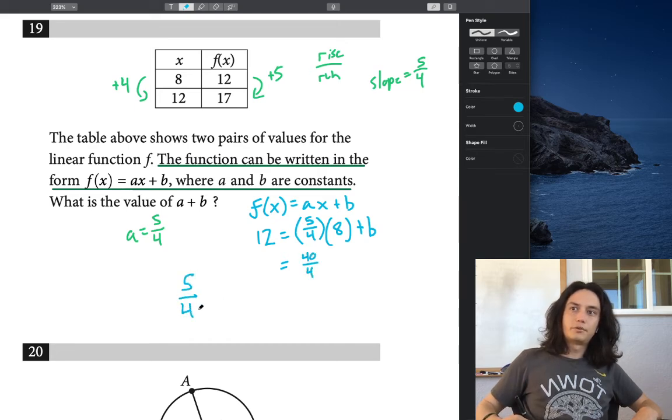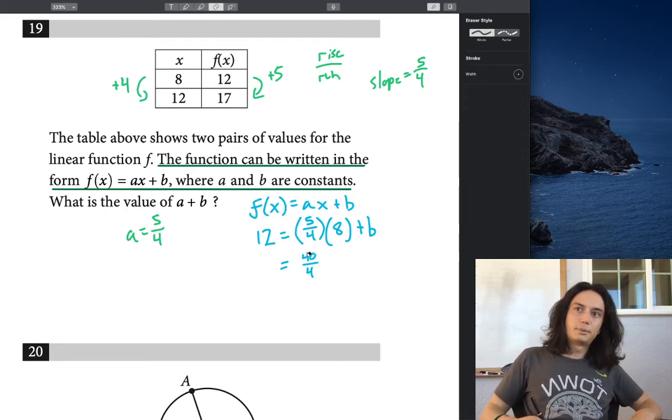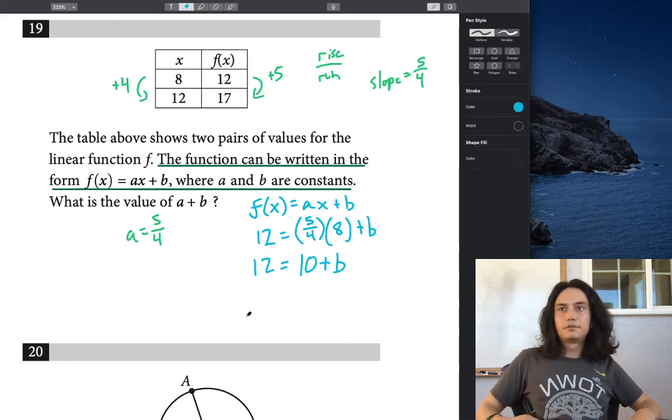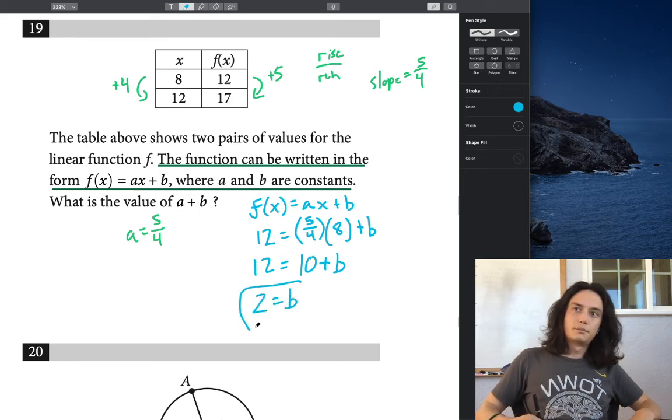Why? Because 5 over 4 times 8 over 1, we just multiply straight across. It's 40 over 4, and 40 divided by 4 is 10. Plus b. And this is 12. Well, 12 minus 10 is 2. And that's b. So b is 2.